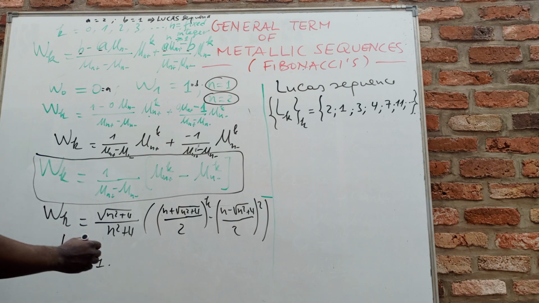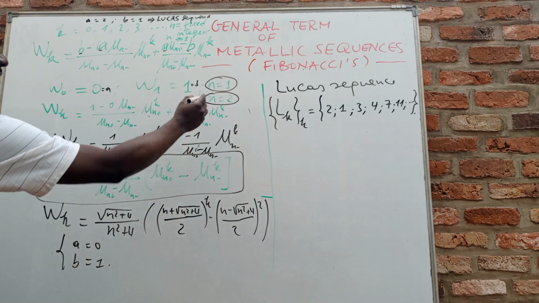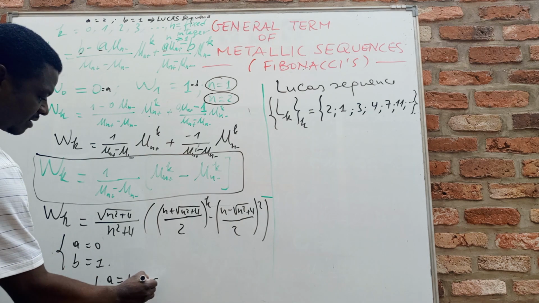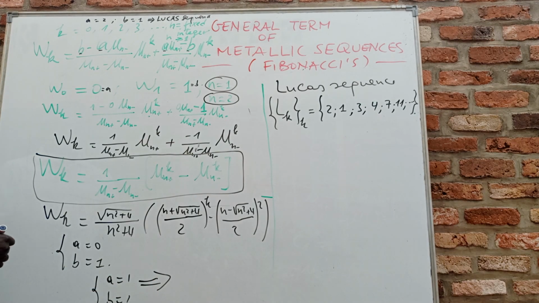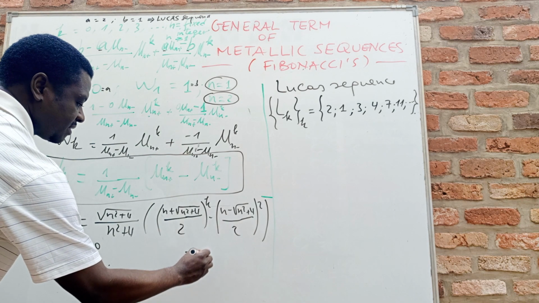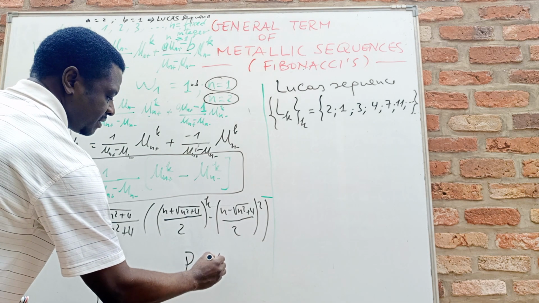Okay, so now suppose n equal to 2 and a equal to 1 and b equal to 1. So in this case, we get another form of the Pell sequence.